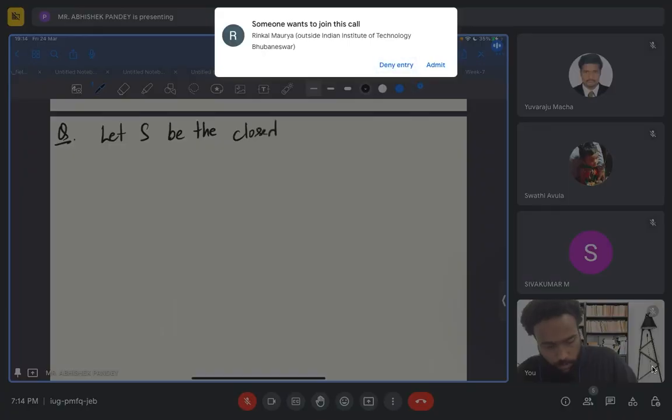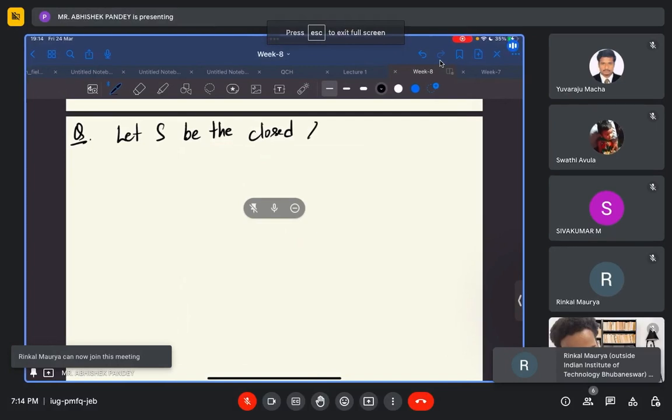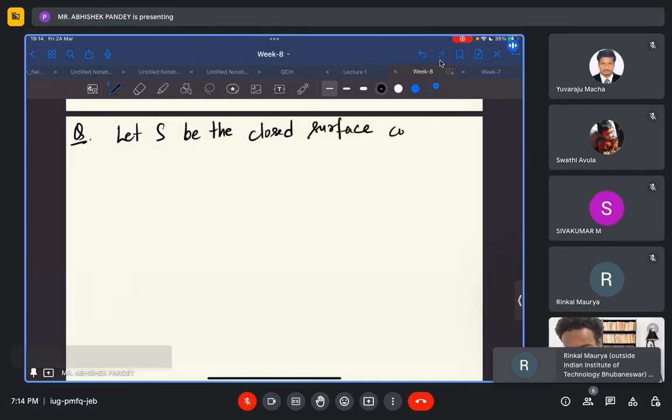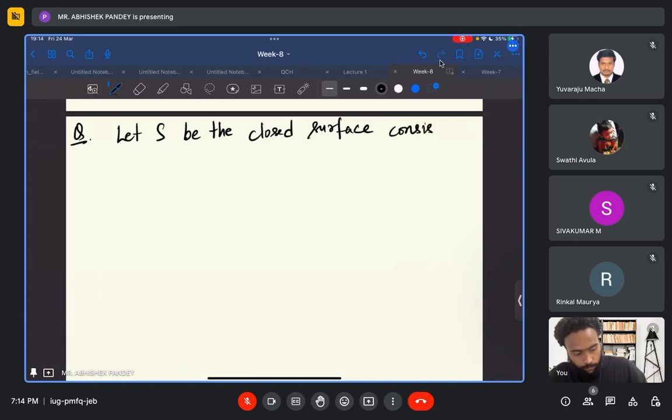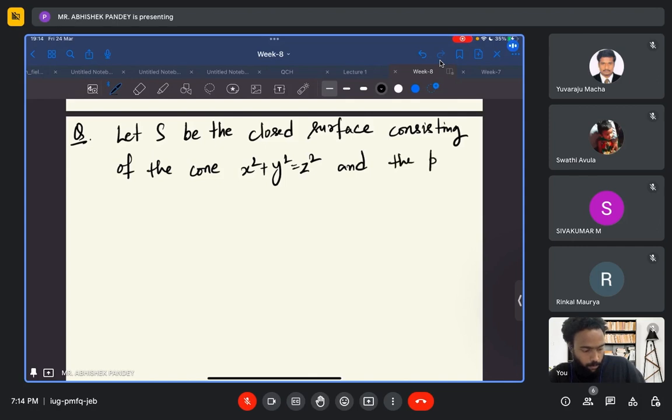Let S be the closed surface consisting of the cone x square plus y square plus z square and the plane z equals 3.